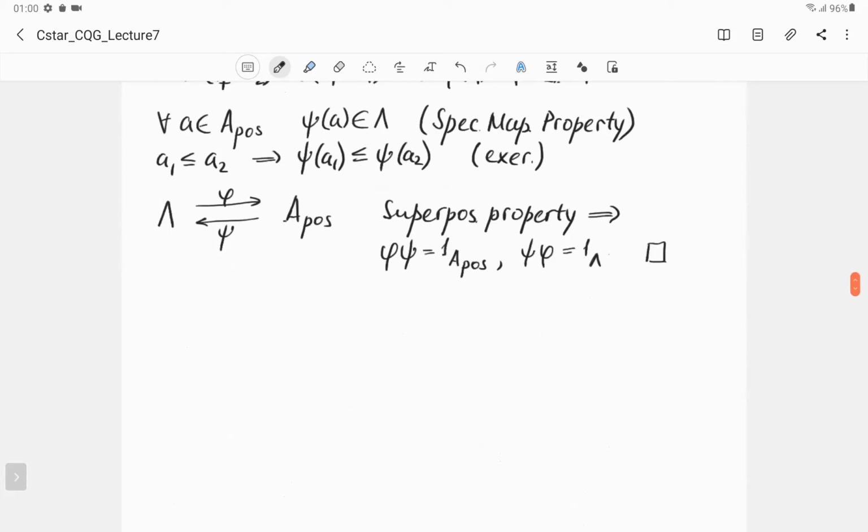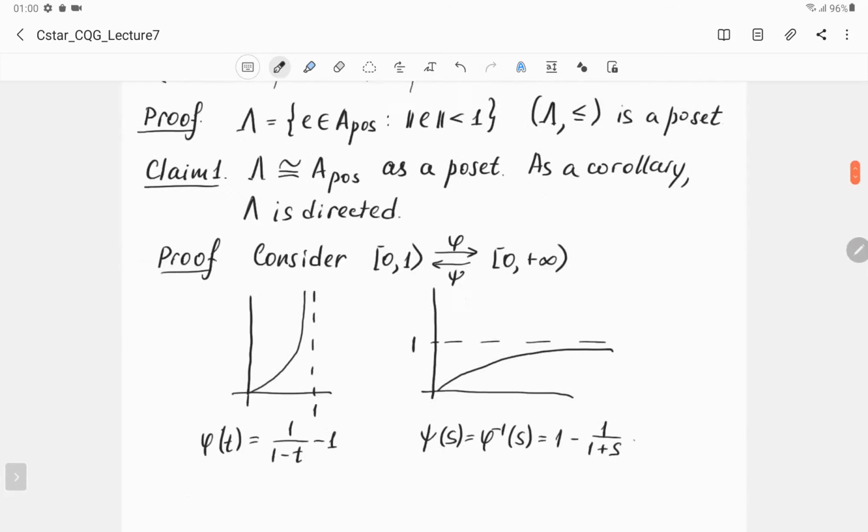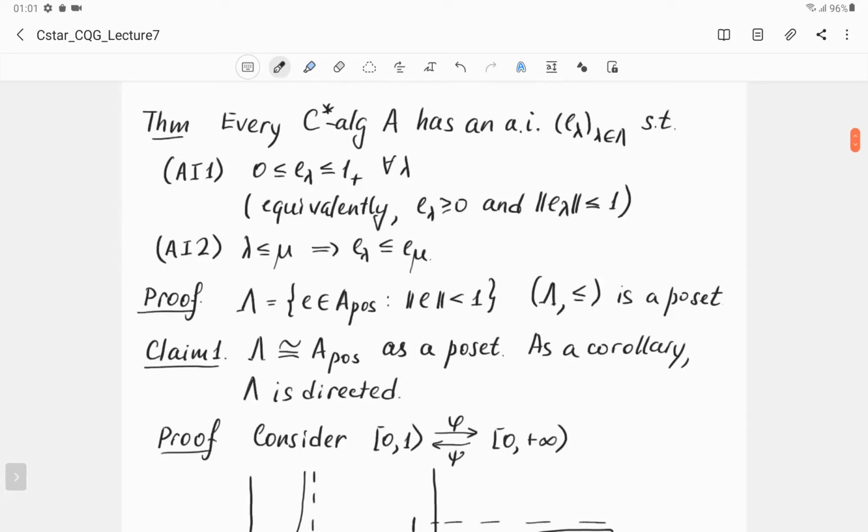Well, now we can easily construct our net. Namely, our net will be just the identity map, the inclusion map of lambda into A. So the inclusion map of lambda into A is a net in A, which satisfies the above conditions AI1 and AI2 simply by construction.